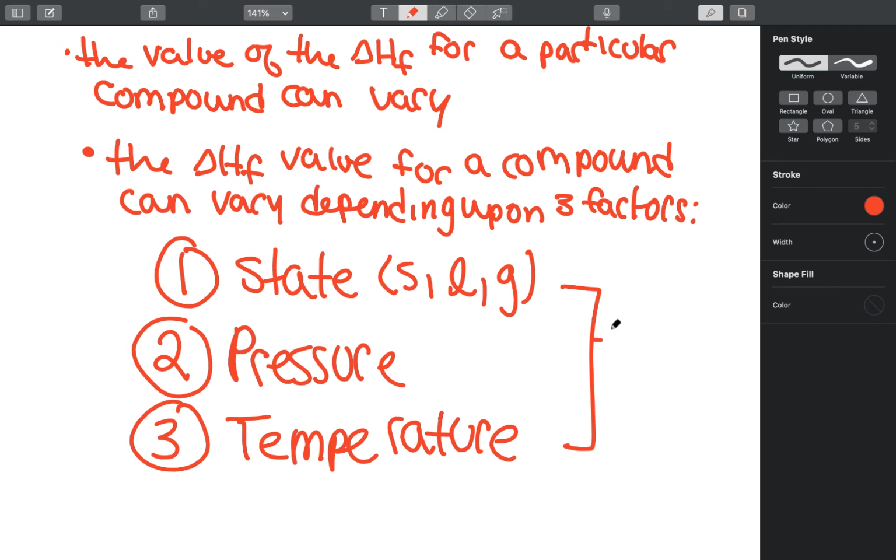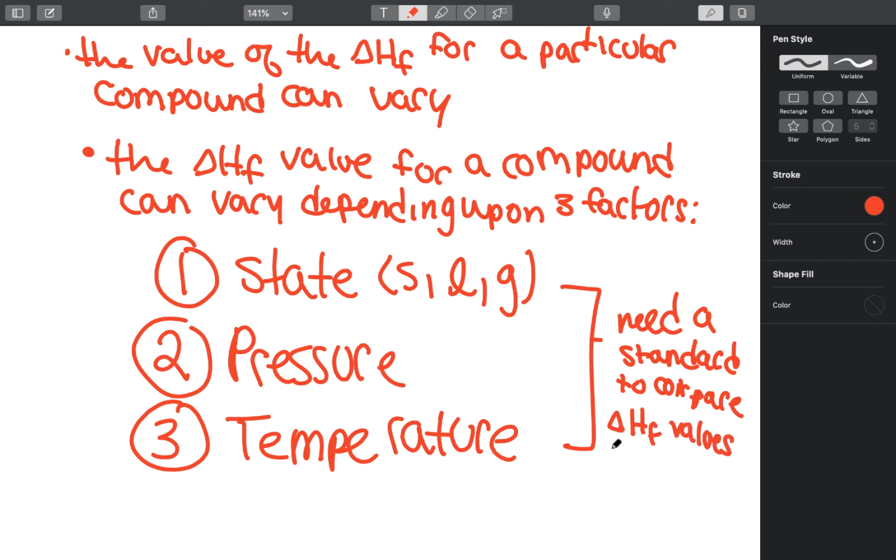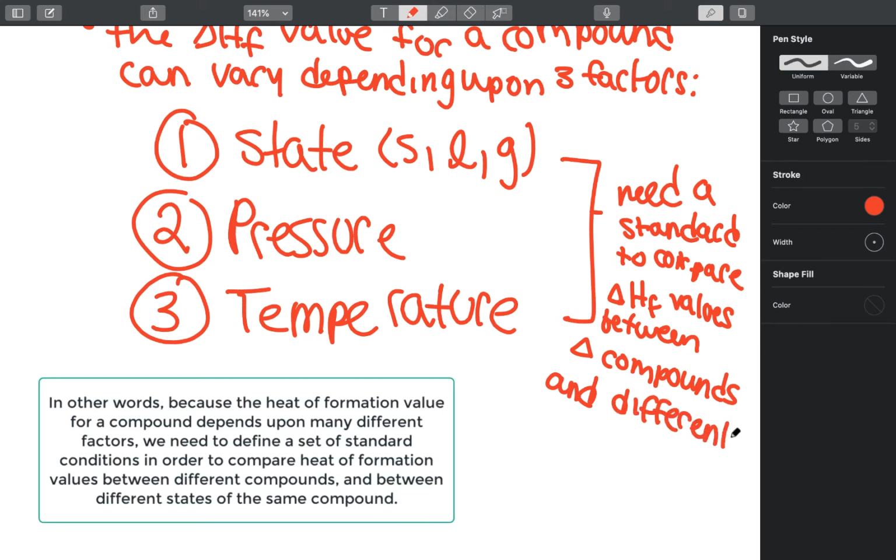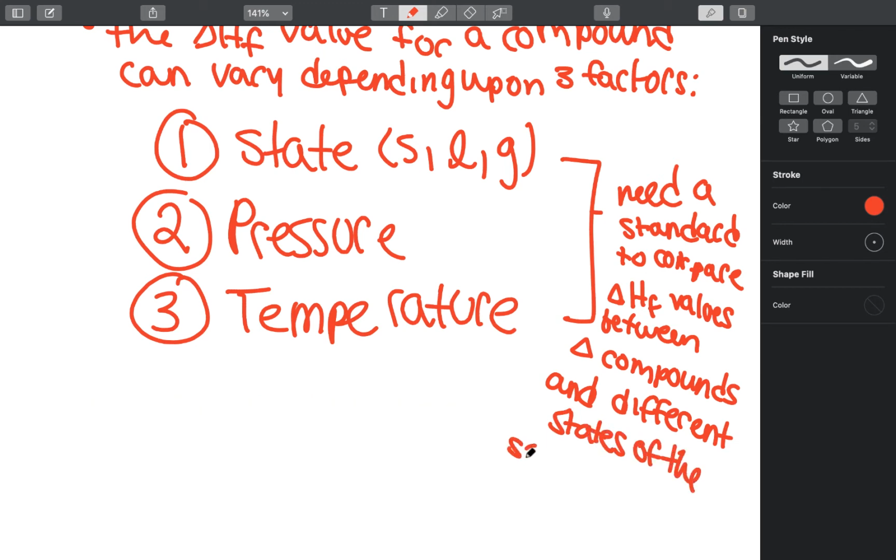So we need a standard to compare the heats of formation values between different compounds and different states of the same compound.